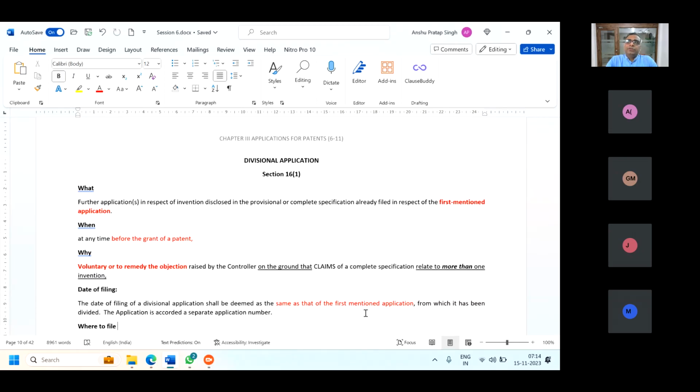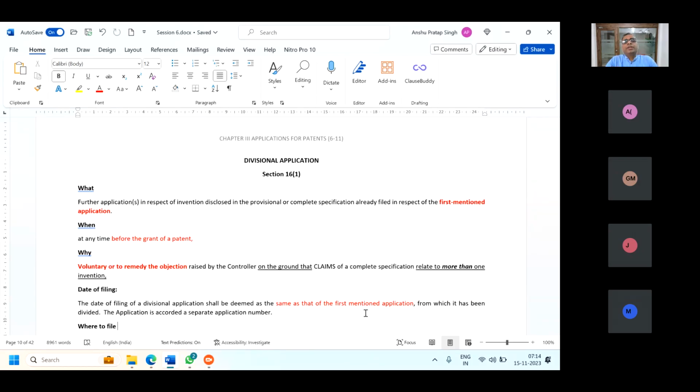As per your claim, there was only one invention at the time of filing. Later on, you thought that whatever you are claiming in that particular application could be divided into 2 separate inventions. Then voluntarily you can go for a divisional application.